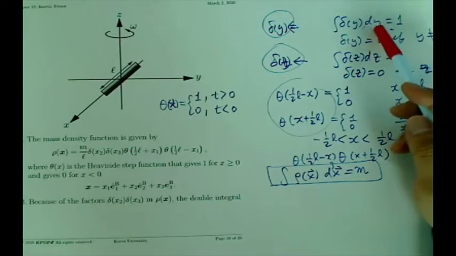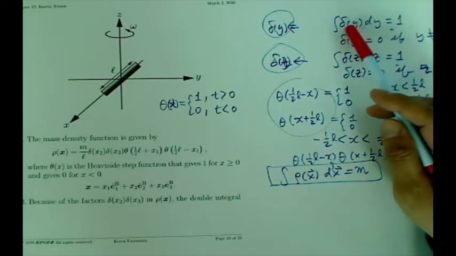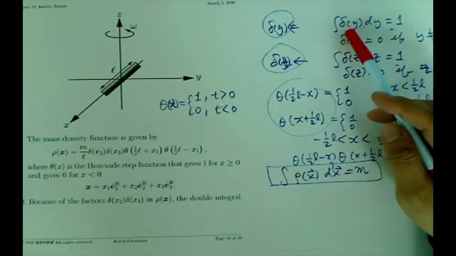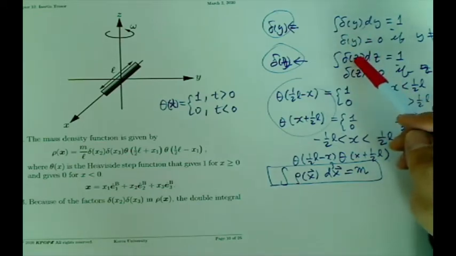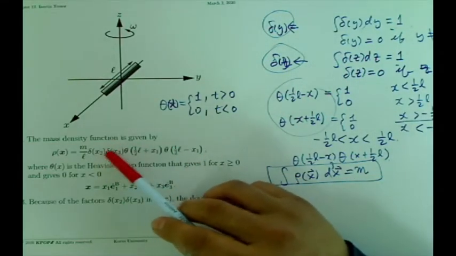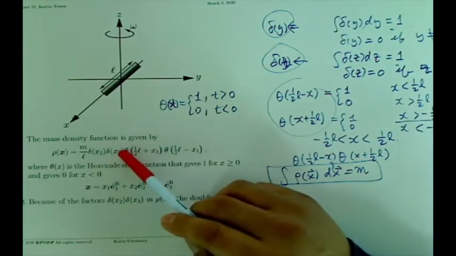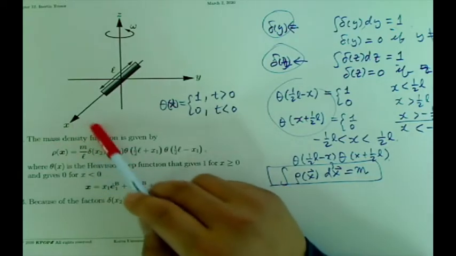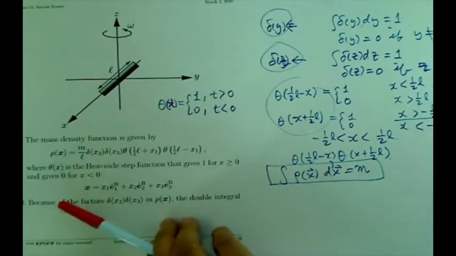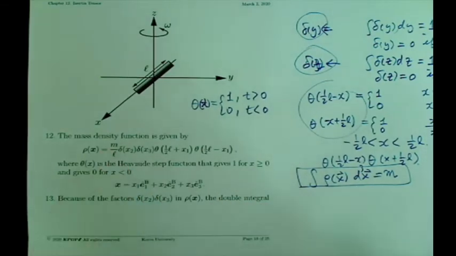The length dy has a dimension of length. Therefore, the delta function of y has the dimension of L minus 1. This one too. Therefore, this double delta function gives the dimension of length squared in the denominator. Therefore, we have the correct physical dimensions of this density function.